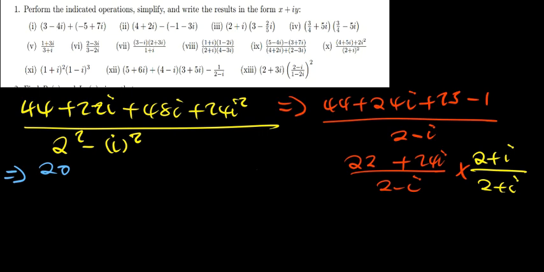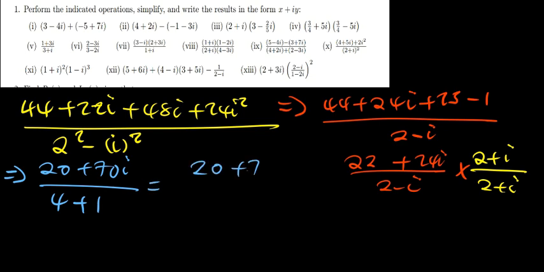Then these two we add, 22 plus 48. So what is that? It is 70, because 8 plus 2 is 10, then 6 carry 1, so 70. I divide this by, if I square this, it will be 4, then that one will be negative negative, so it will be this. So I'll have 20 plus 70i divided by 5.